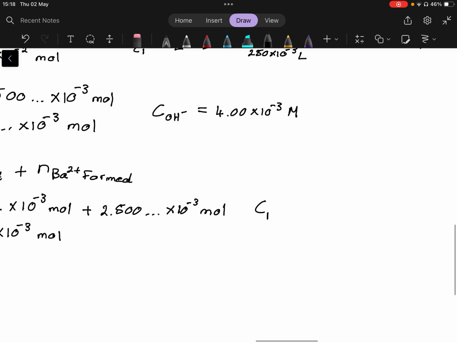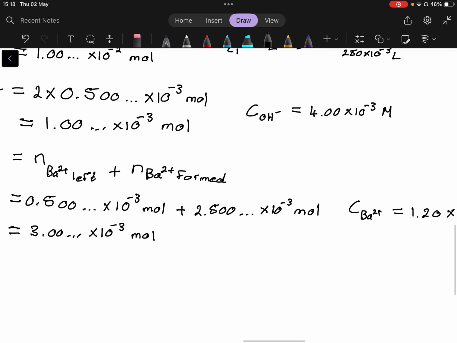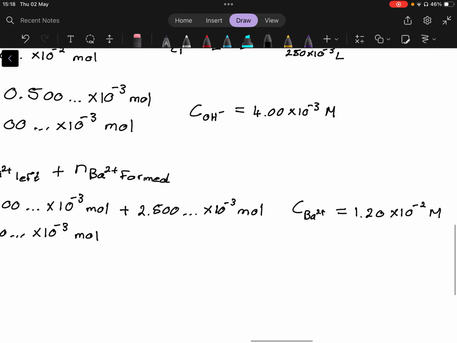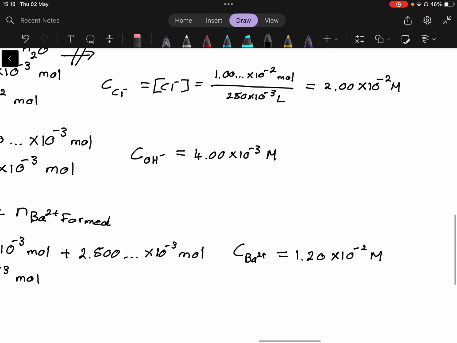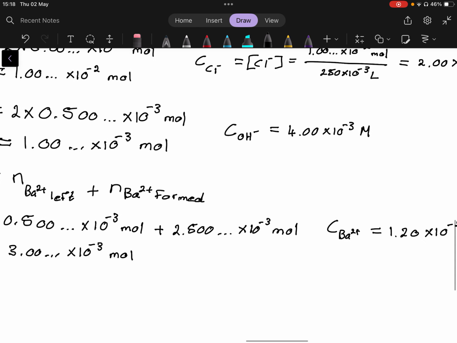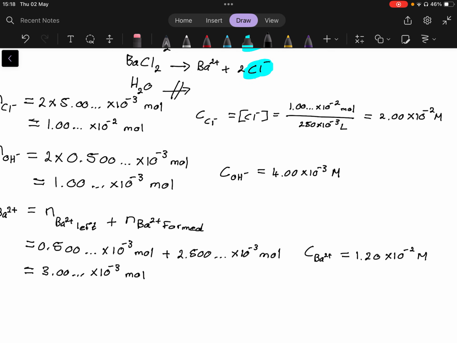And the barium will be its initial concentration, so it's barium 2 plus, and that is equal to 1.2 times 10 to the negative 2 molar. Let me just check that everything makes sense. Yeah, happy with that. Good. Okay, so that is the concentration of the species that we wanted to get to.